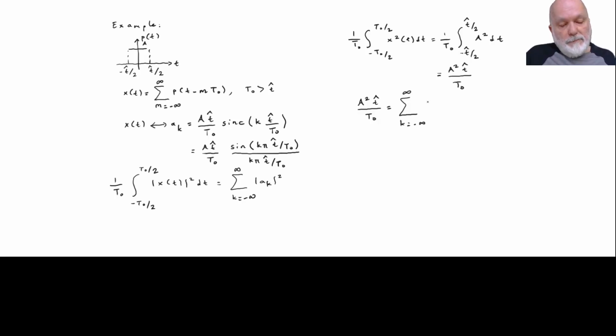Okay, so we have A square t cap square divided by t0 square and sinc square of k t cap over t0.